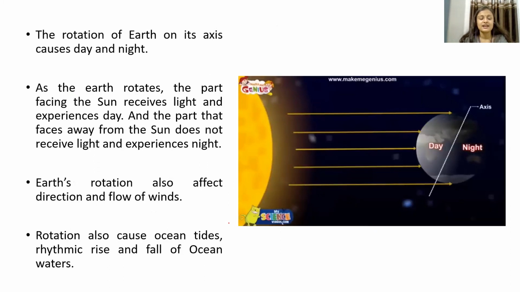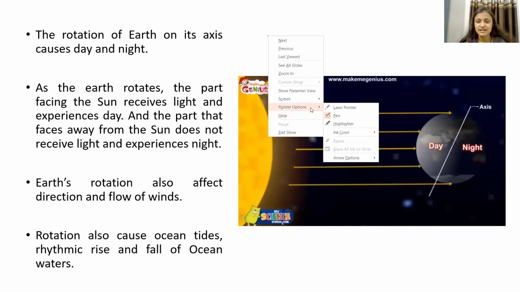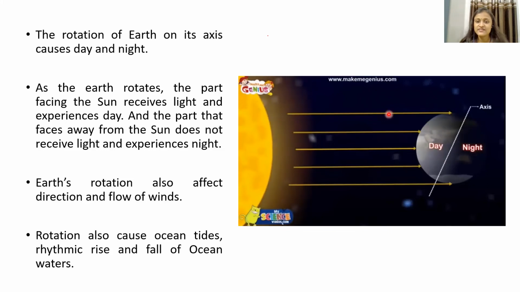Next, the rotation of Earth on its axis causes day and night. Now you can see in this picture, this is the axis, this tilted or slanted line. So why does rotation cause day and night? As you can see in this picture, as the Earth rotates, the part facing the sun receives light and experiences day. In this video, we can see that half of the Earth is receiving sunlight.